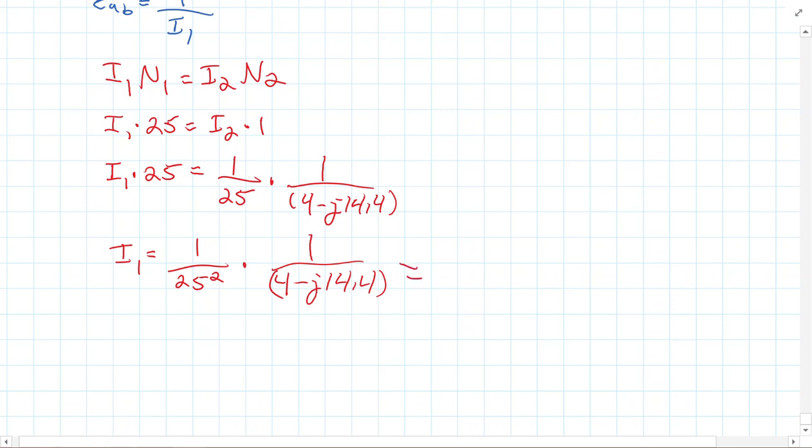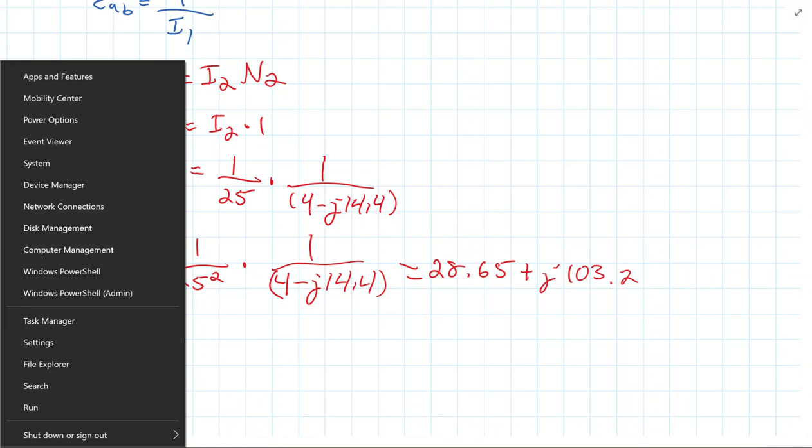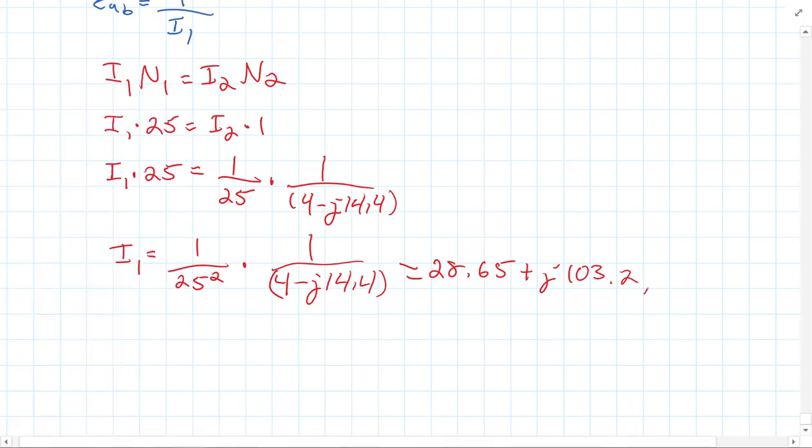And now if I do that computation, finally, because that's what I'm looking for is I1, I wind up with 28.65 plus j103.2 microamps.